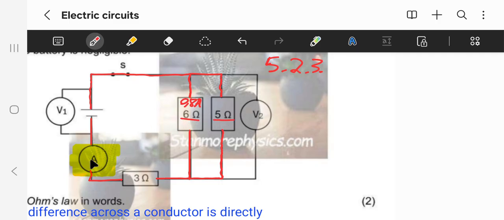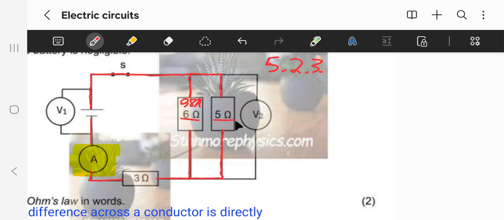So that current is actually the total current. But what we know is that we already have the current on the 6 ohm resistor. So what we need to do is to find out what is the current on the 5 ohm resistor. And once we find that current, we are going to combine it with the current on the 6 ohm resistor, which would give us our total current, since that current was divided. I hope that makes sense.